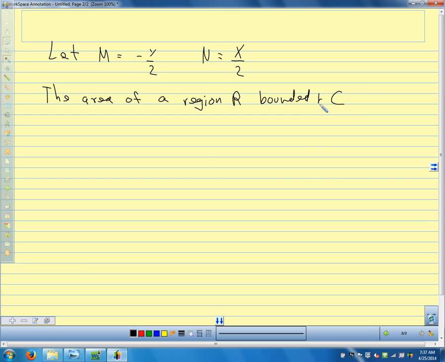Then our area is given by 1/2 the line integral around our closed curve C of minus y dx plus x dy.